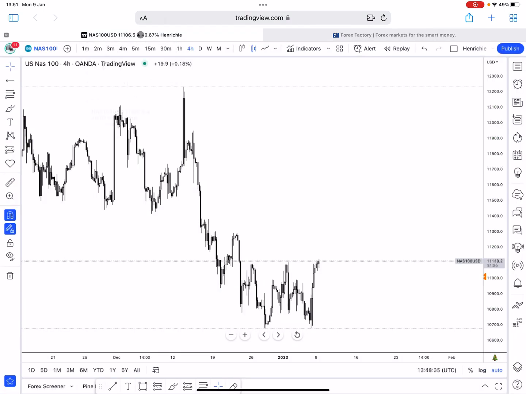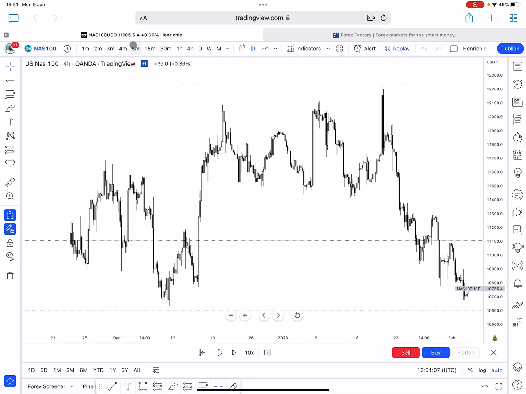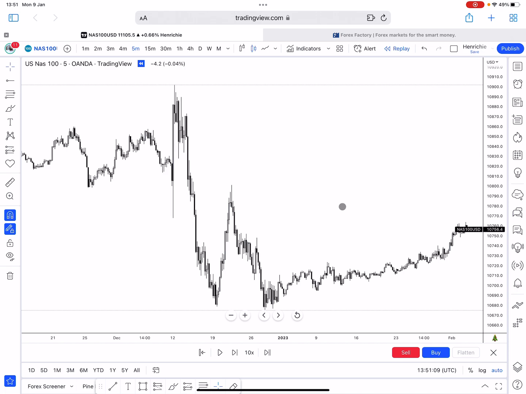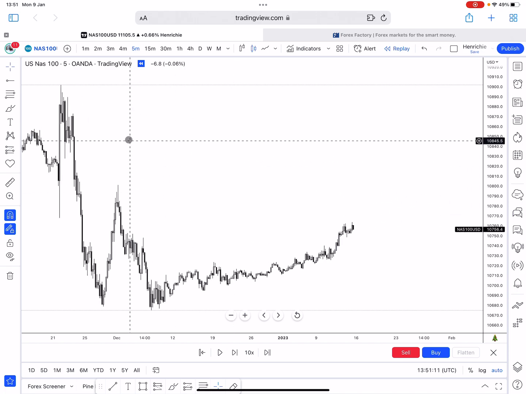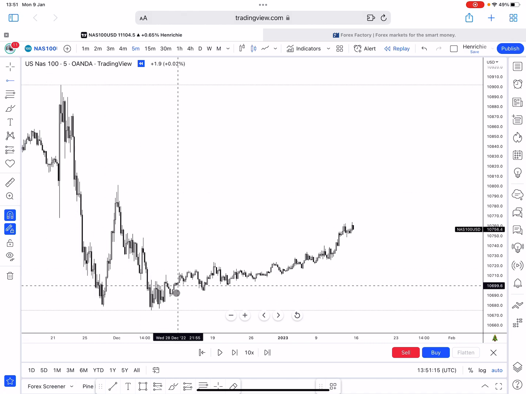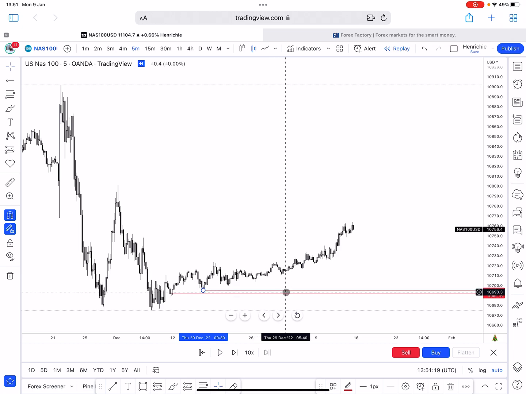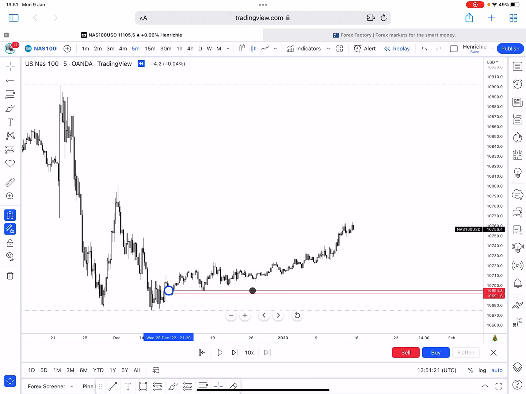I analyze my NASDAQ, mark my point of interest, which was a 5 minutes imbalance, 5 minutes fair value gap, and relative equal low, which was here and here. This was my point of interest.